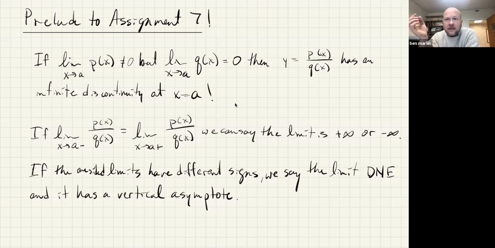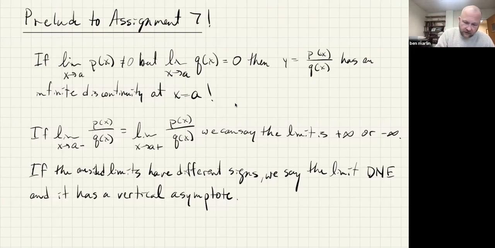But if they disagree, if they're going to different infinities, then we refer to that as the limit does not exist. And go ahead and say, if you're asked, that you have a vertical asymptote.